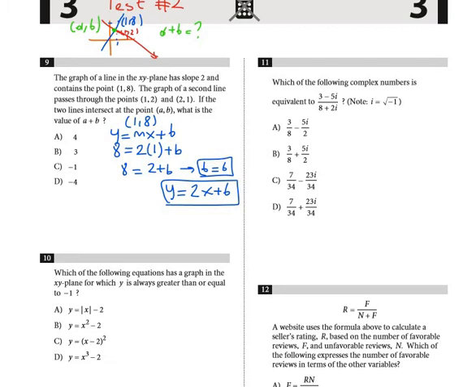For our second equation, let's find the slope first using delta y over delta x. So y2 is 1, y1 is 2, and x2 is 2, x1 is 1. So this is going to be negative 1 over 1, so the slope is negative 1.